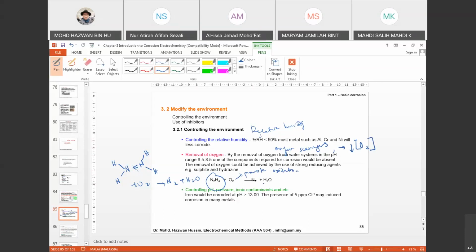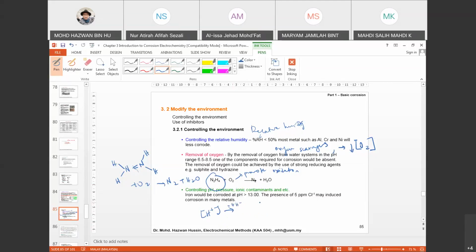Apart from that, the environment can also be controlled by controlling pH. If the environment is very acidic, then you have a lot of H+, and the formation of hydrogen gas will be faster, so it will be more corrosive. So you adjust the pH by adding a base or whatever to make it more neutral or basic.